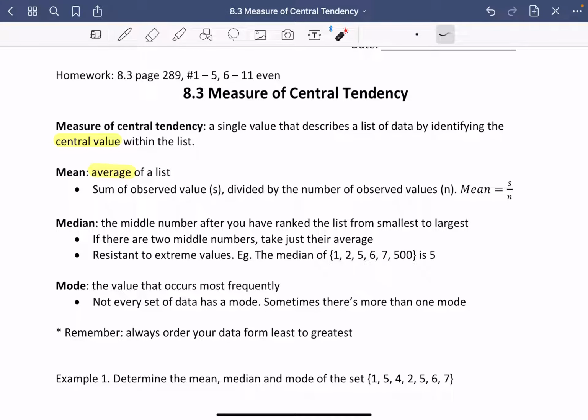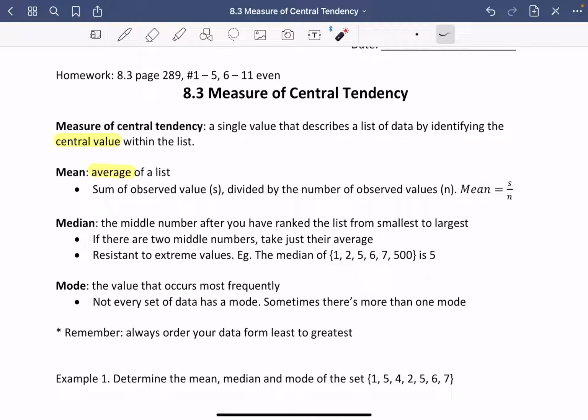If we use S to represent the sum, then the formula will be S divided by the number of observed values, N. So let's say we have five data, the mean value will be you add the five data up and then divide the sum by 5. Okay, so that's the mean value formula.